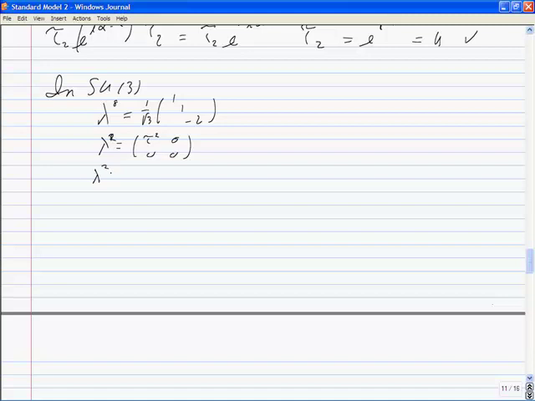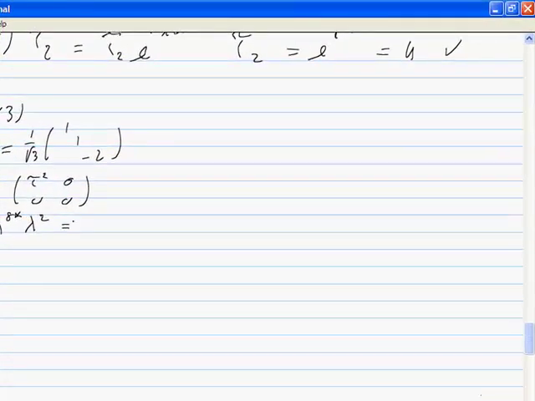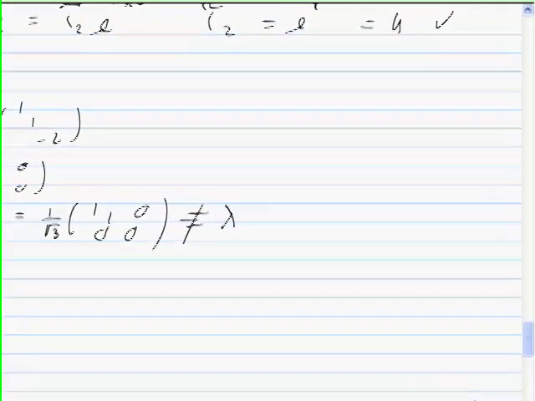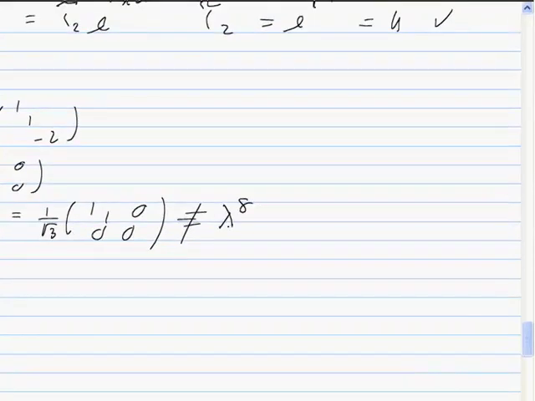So lambda 2 lambda 8 star lambda 2 equals 1 over the square root of 3, 1, 1, 0 everywhere. It's not equal to lambda 8.